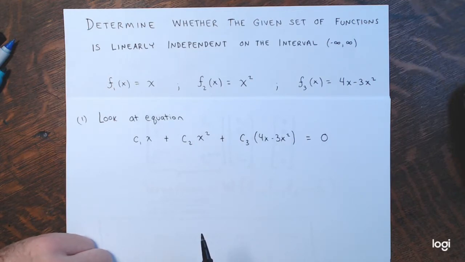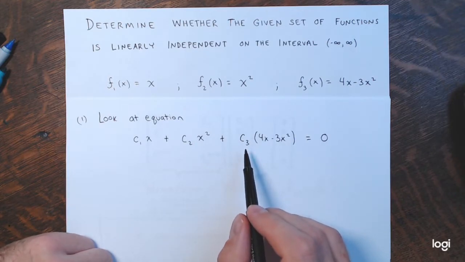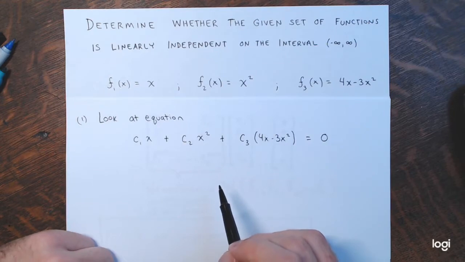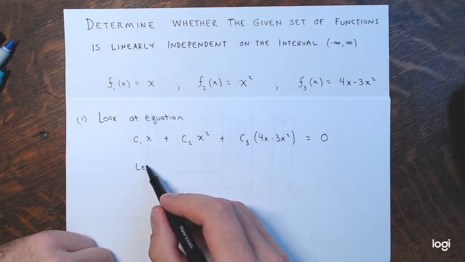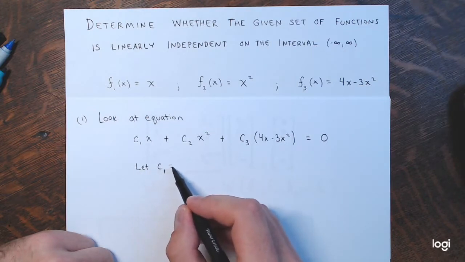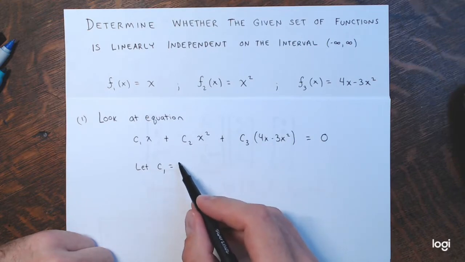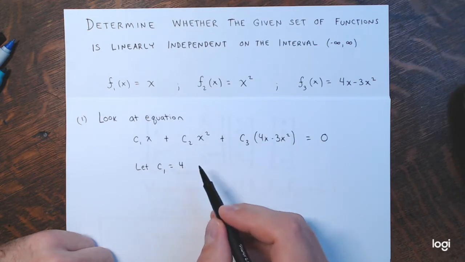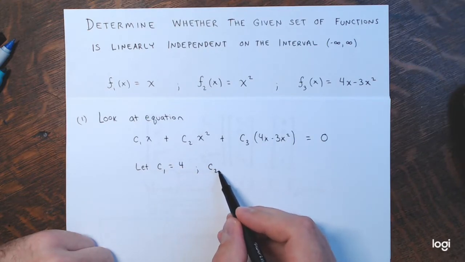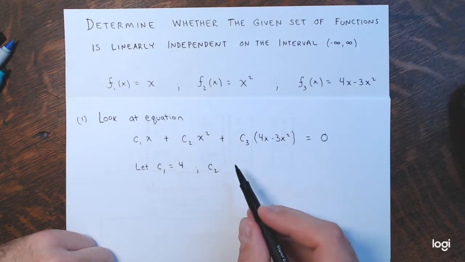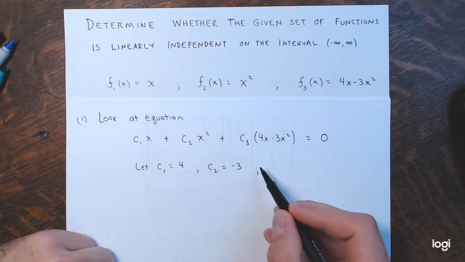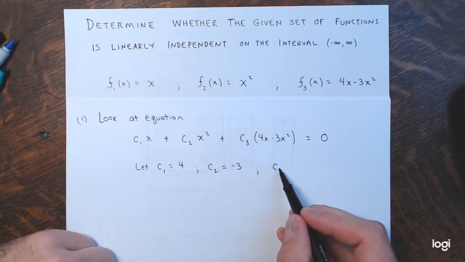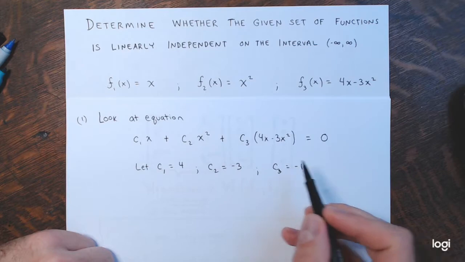I'm hoping it's pretty obvious here. There's probably quite a few solutions you could think of. But if I simply let c1 equal 4, because you got 4x there, c2 be equal to negative 3, and then c3 be negative 1, you'll have a solution.